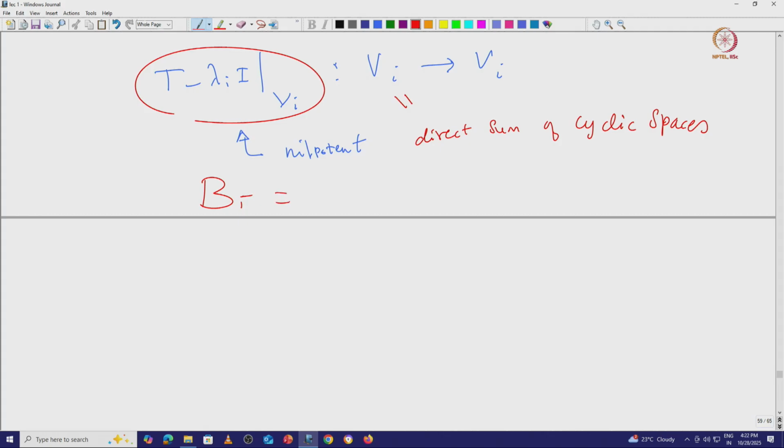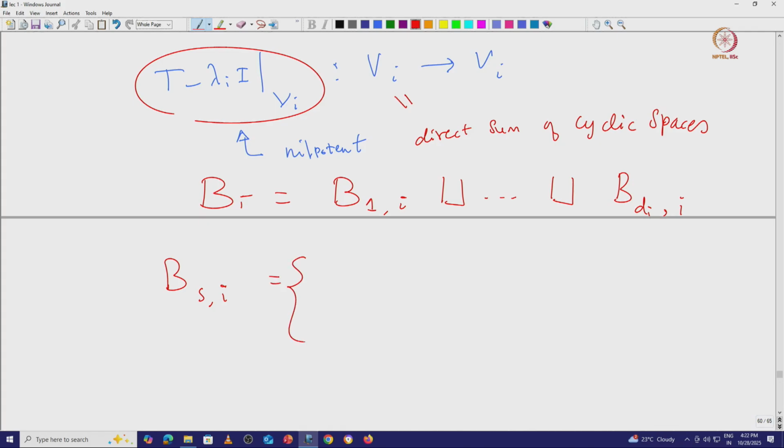So, B_i is the basis, which is B_1^i disjoint union etcetera disjoint union B_{d_i}^i, and this B_s^i comes from the cyclic subspace.